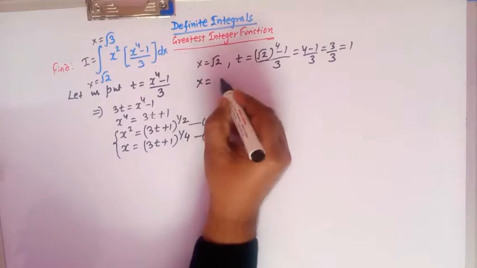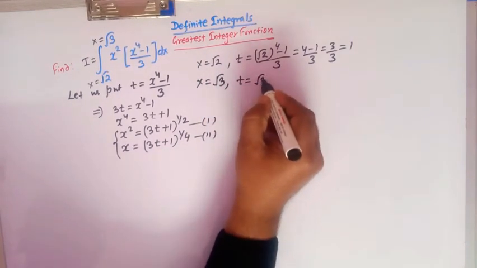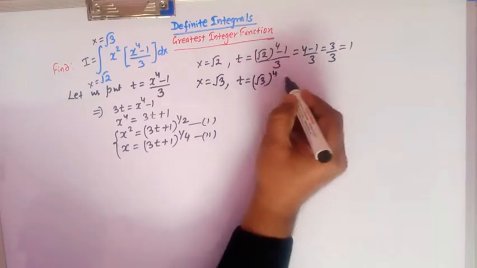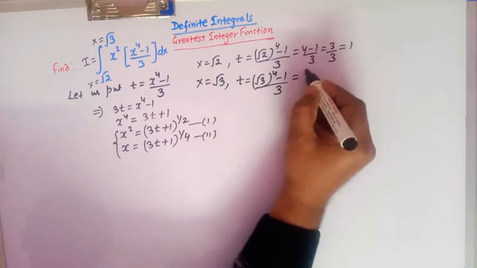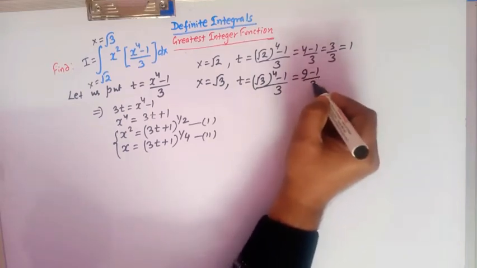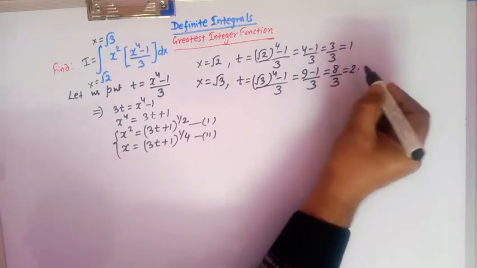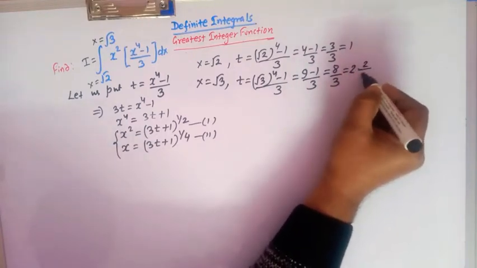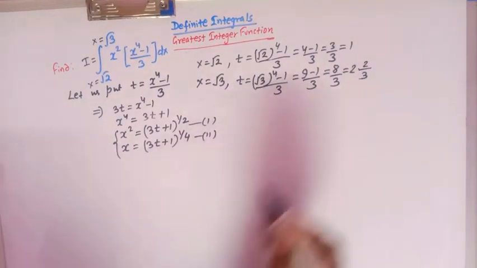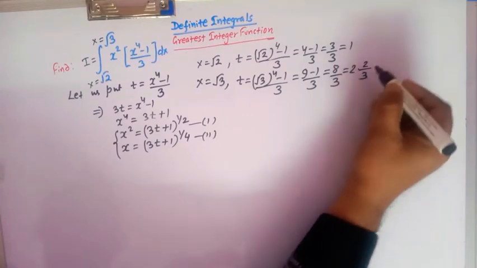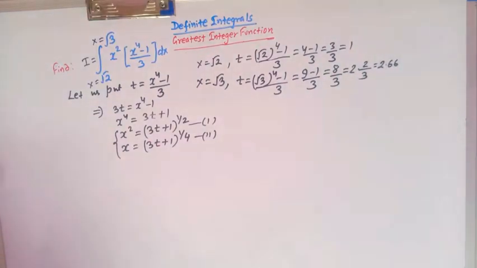And when x is equal to square root of 3, then t is ((root 3)^4 - 1)/3. Then we have here (9 - 1)/3, that is 8 over 3, which can also be written as 2 2/3 in terms of mixed fraction, right? So this limit is approximately equal to 2.66, right?